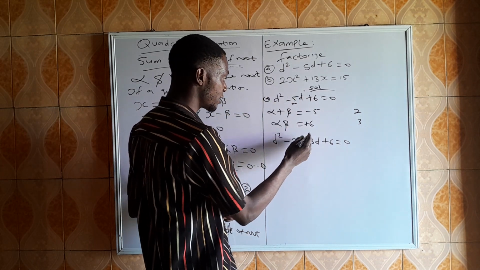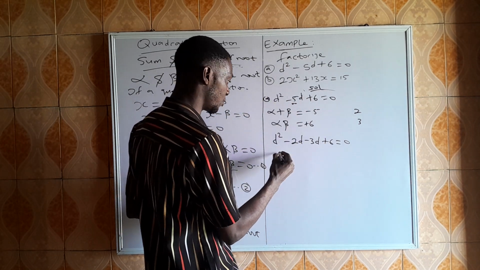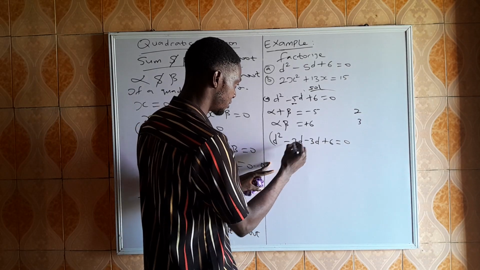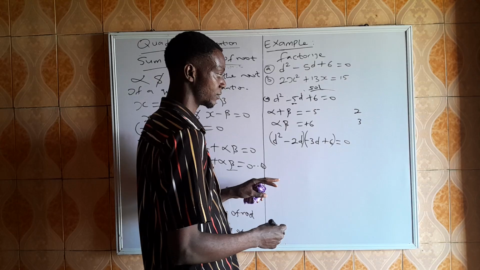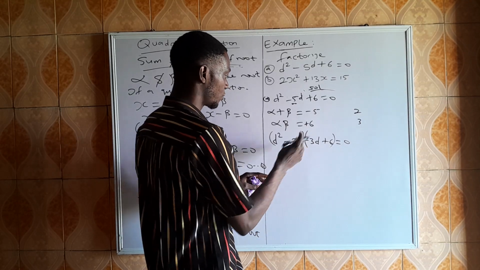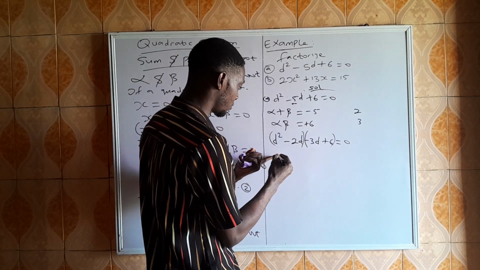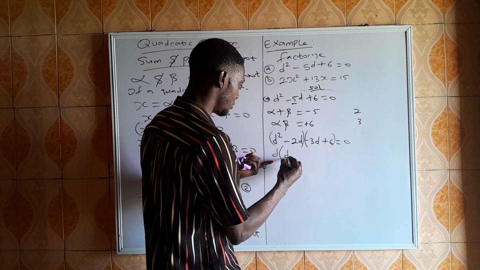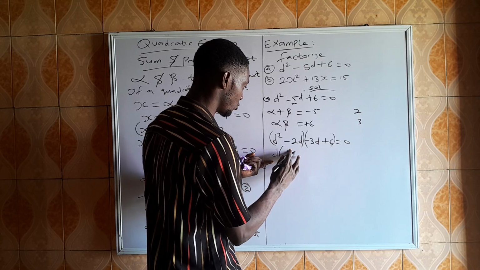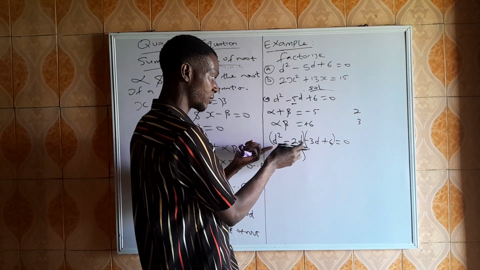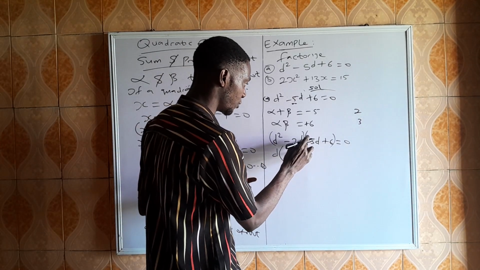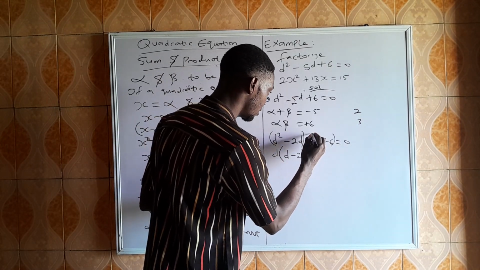Now we can bring the first two and the last two terms together, so we have this expression and this one. From here, we can factorize and bring out the common values.